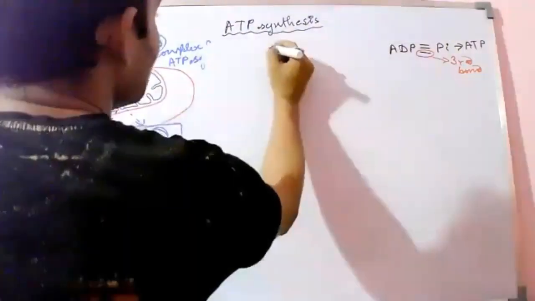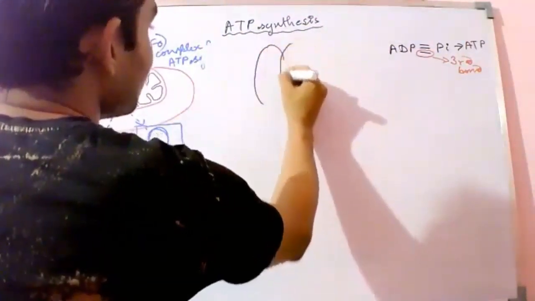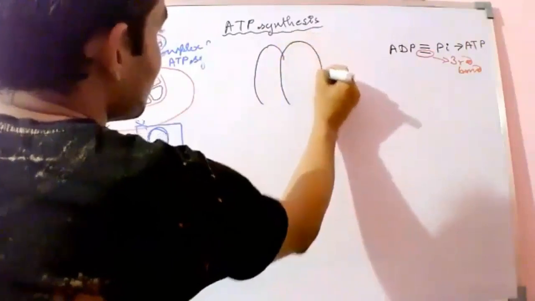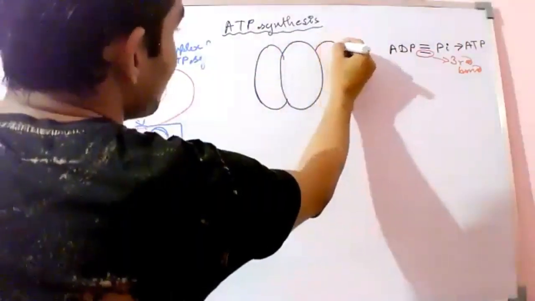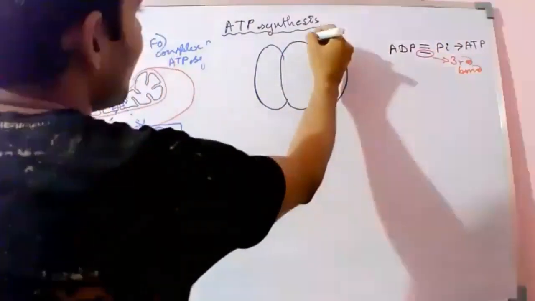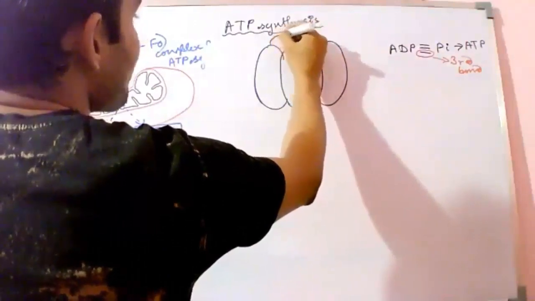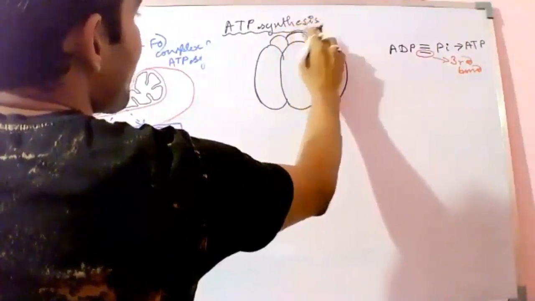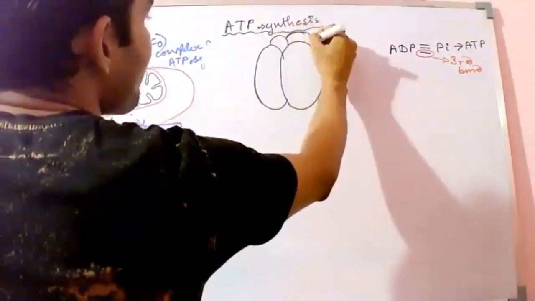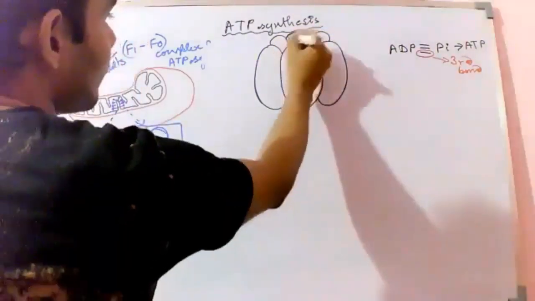So here the ATP synthetase enzyme looks like this.